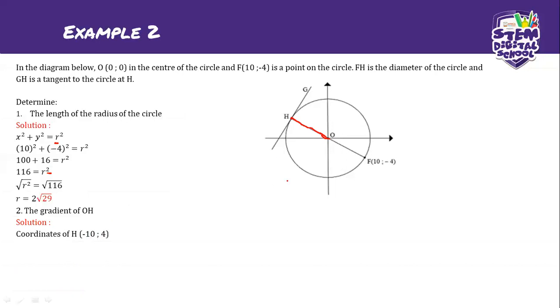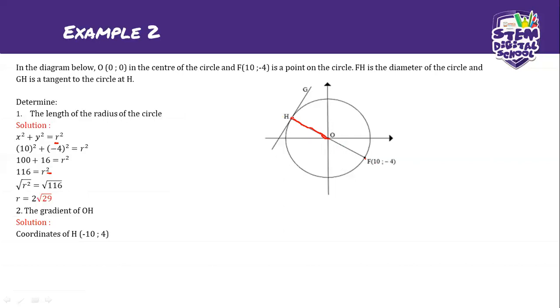But where do they get that? Look here, check this point. The coordinate of F and the coordinate of H are just a reflection, and the only difference is the sign.